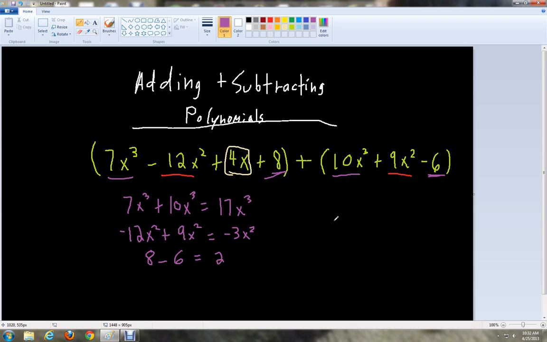So our final answer for adding these two polynomials together, we'll have 17x cubed minus 3x squared plus 4x plus 2. And there it is. Final answer.